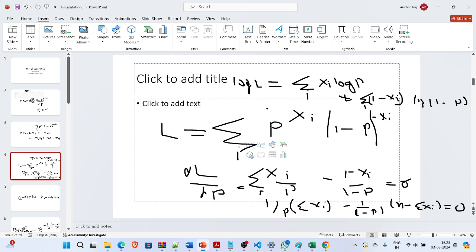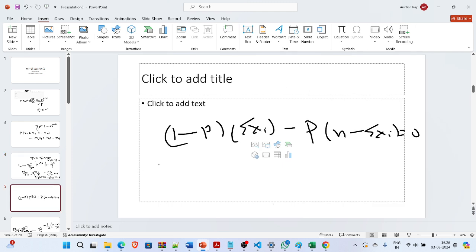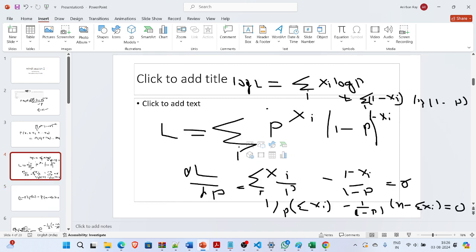Did I get anything wrong? Good. Let's see what happens now. Did I do anything wrong here? So it works out. 1 minus p, minus should come out.